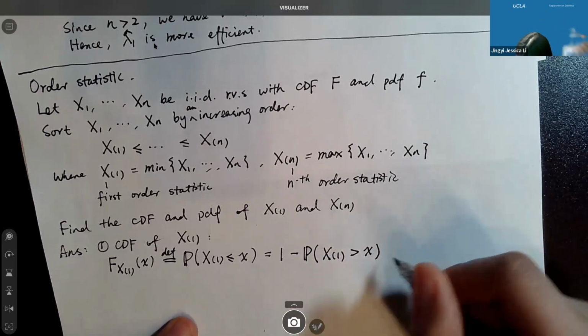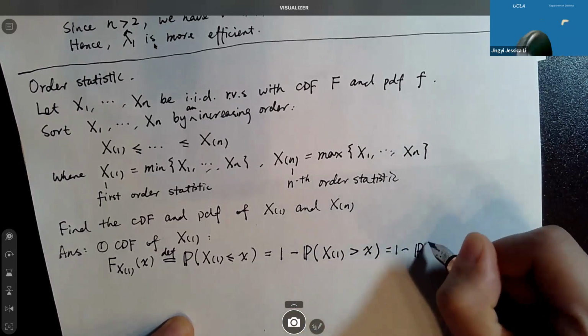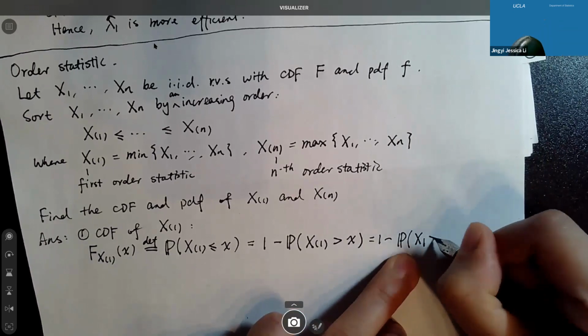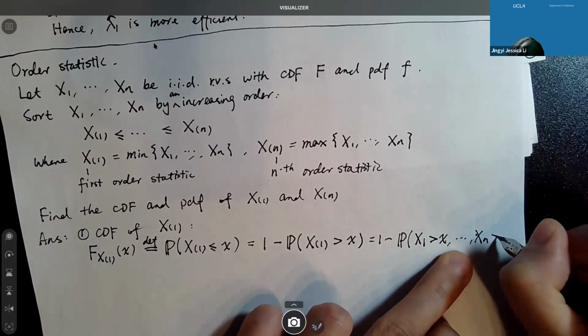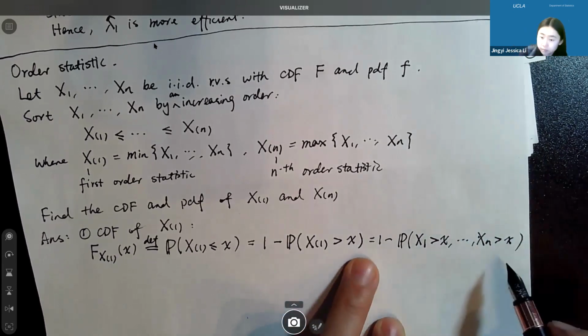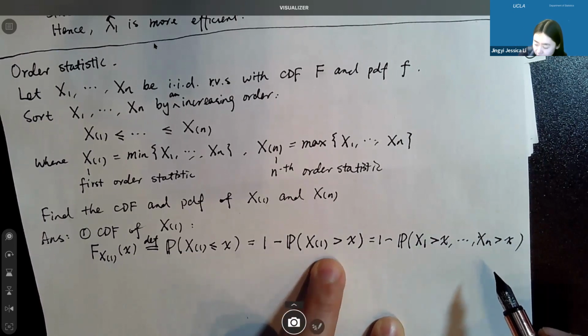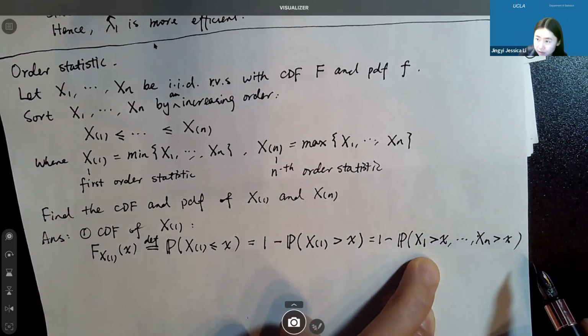So this probability can be re-expressed as X_1 is larger than x, up to X_n is larger than x. This is the key: linking the minimum relationship with small x to all the random variables with x. Does that make sense?